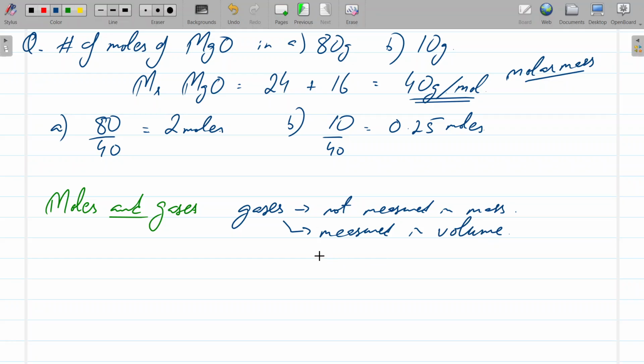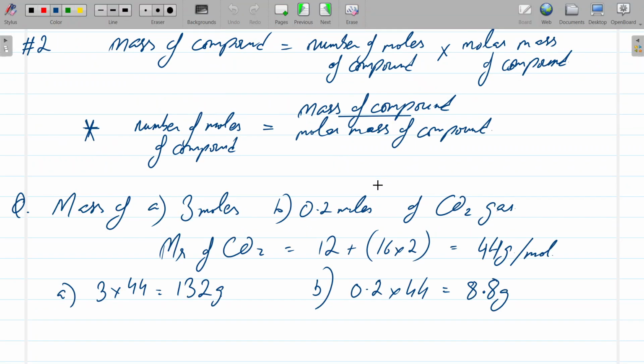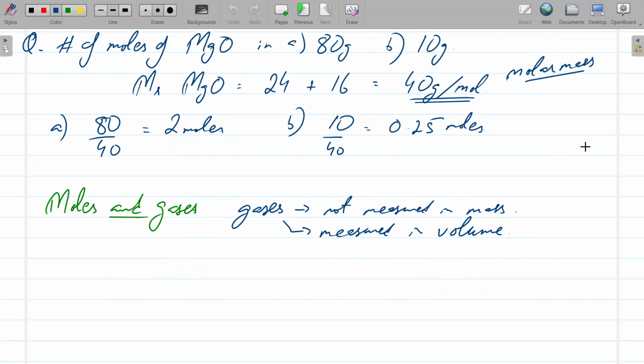Now that does not mean they don't have mass. So just like we talked about over here, CO2 gas, you can get this question. They can ask you, what's the number of moles of this mass of gas, because they do have mass. But volume is more relevant as compared to solids or perhaps liquids.